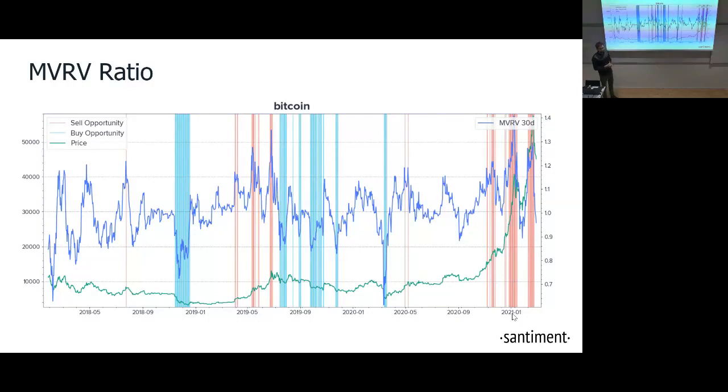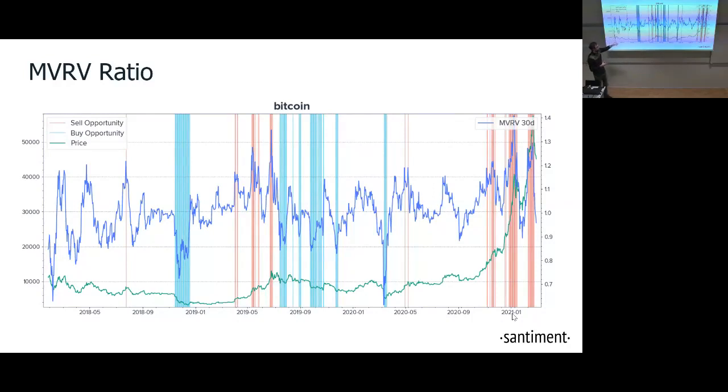Here we're looking at a 30-day MVRV ratio. So for each 30-day chunk, we look at the local extrema, local maxima, local minima, and then we compute the median values of all of those local peaks and bottoms, and we get two values. We get the median peak and median bottom for an MVRV ratio. And then we use those two values as signals to sell and to buy.